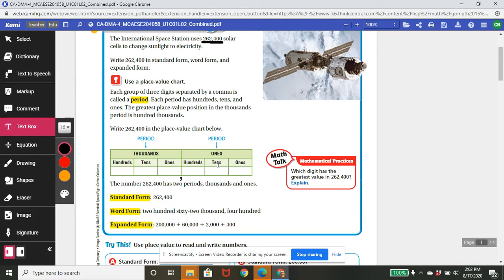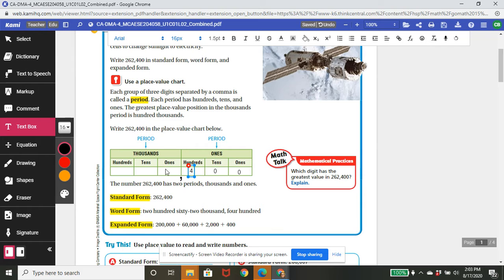So I'm going to start with a 0, and I'm going to place it in the ones column. The next 0 is in the tens column. This 4 is in the hundreds column. And this is the first period. Now we're going into the thousands period.